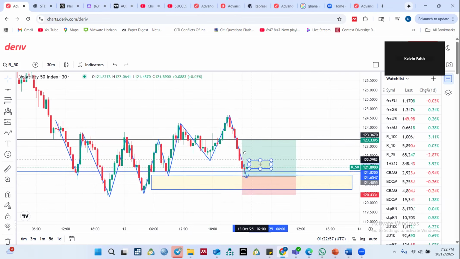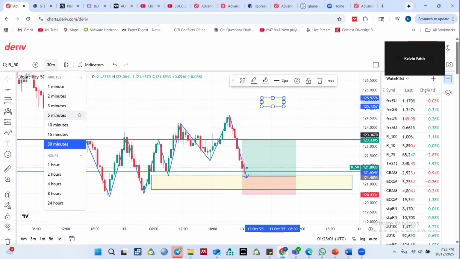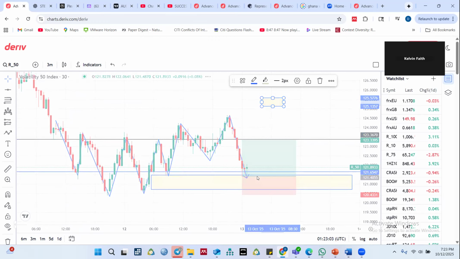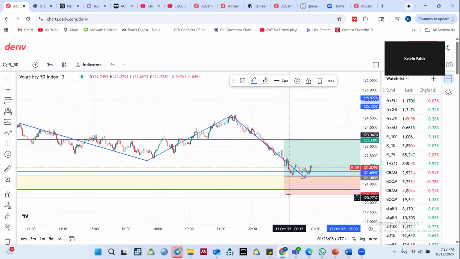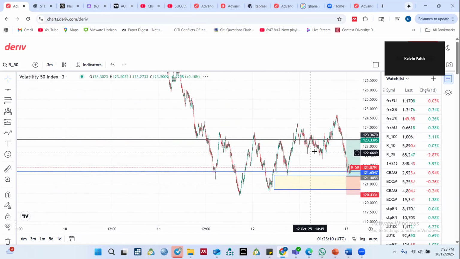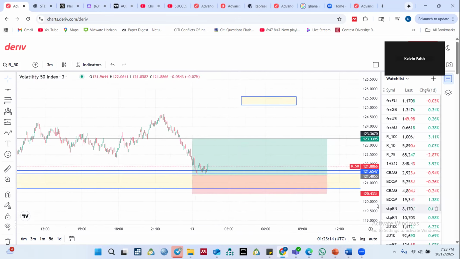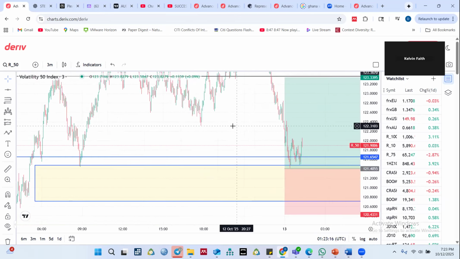we have to look at this reaction and go into, let's say, the 5 minute time frame, and then look for possible bullish structures.